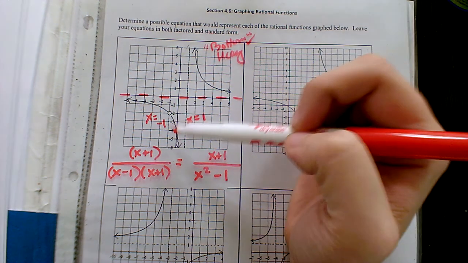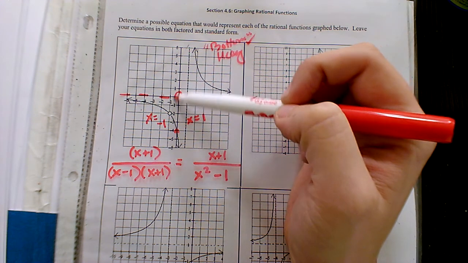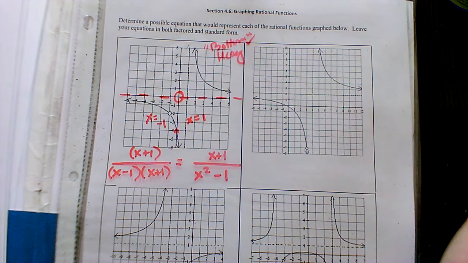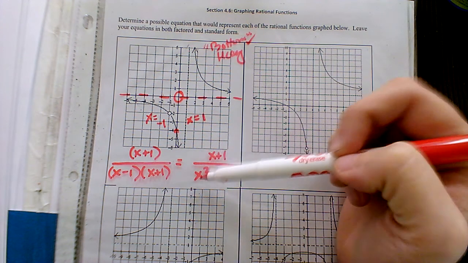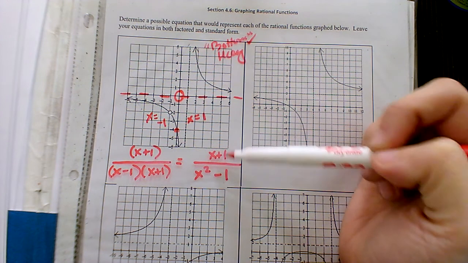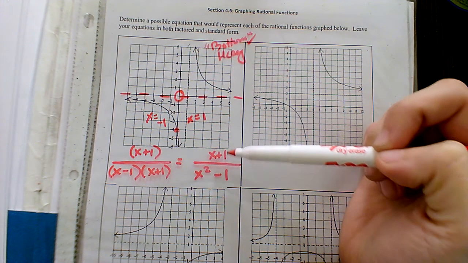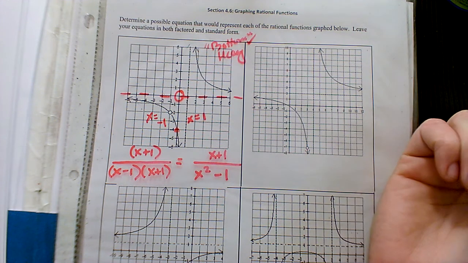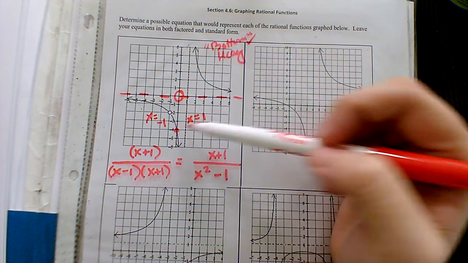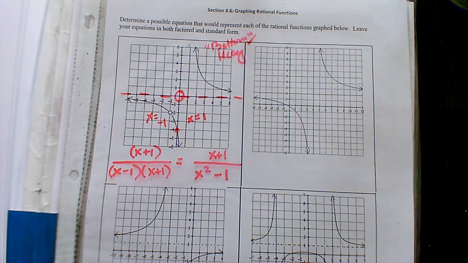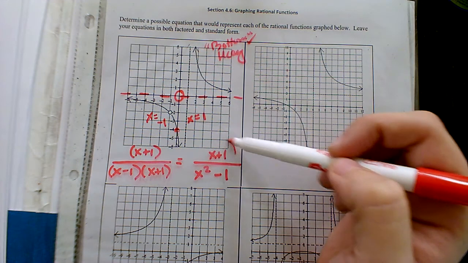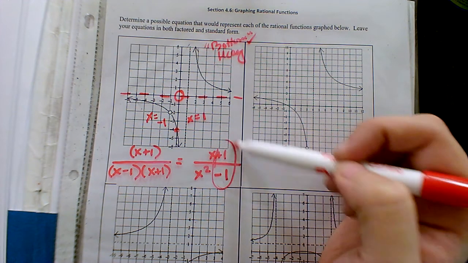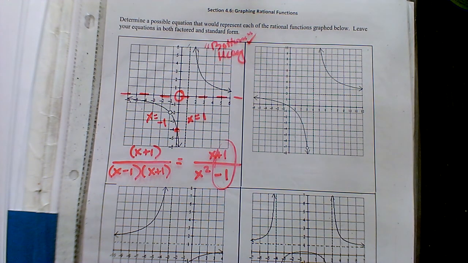Let's think about it. If we have a y-intercept, that means our x value is 0. So if you plugged in 0 for your x's, you're basically going to be left with your constants on the end. And if we divide those, 1 over negative 1 would be negative 1. But according to the graph, it has to be at 4. So somehow, how can we get this division to be 4?